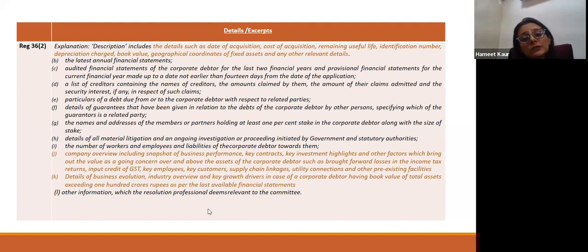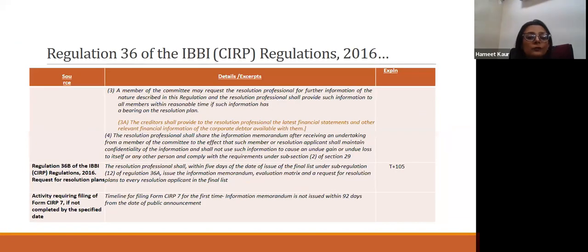Any other information which the RP deems relevant to the committee? The RP may present to the committee that this information seems to be relevant and he wishes to include it in the IM, and the CoC and the RP may decide to consider any other relevant information for the IM itself.